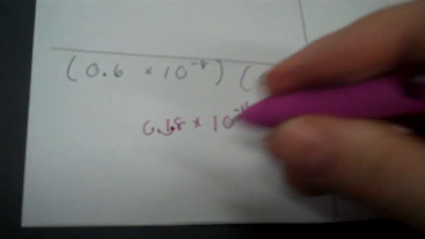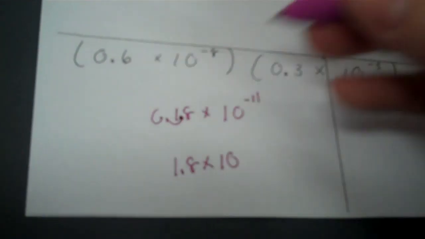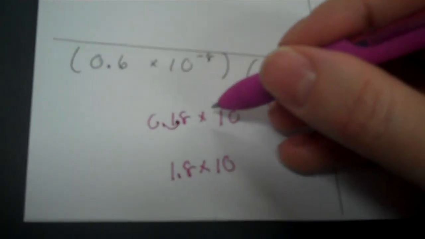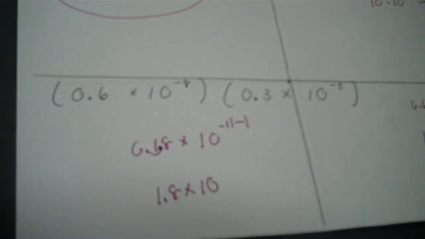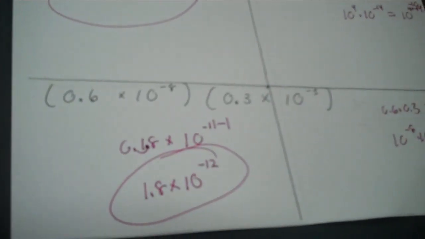Okay, you need one digit in front. The only rule for scientific notation is always one digit in front of the decimal, and it can't be a 0. So why don't you move it, and it's 1.8. But I moved it once, and I moved it right. Right means I will minus. So negative 11 minus 1 is negative 12.